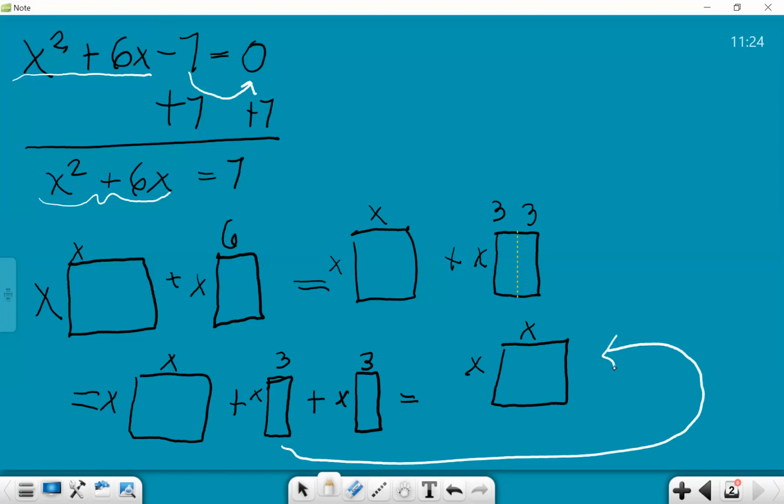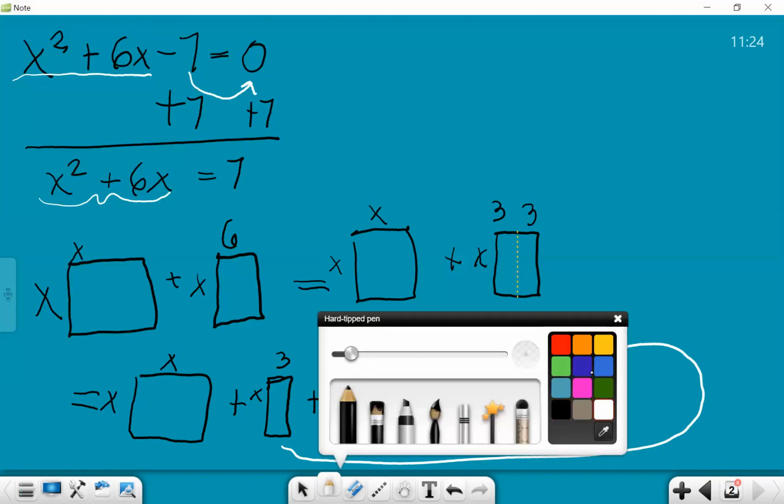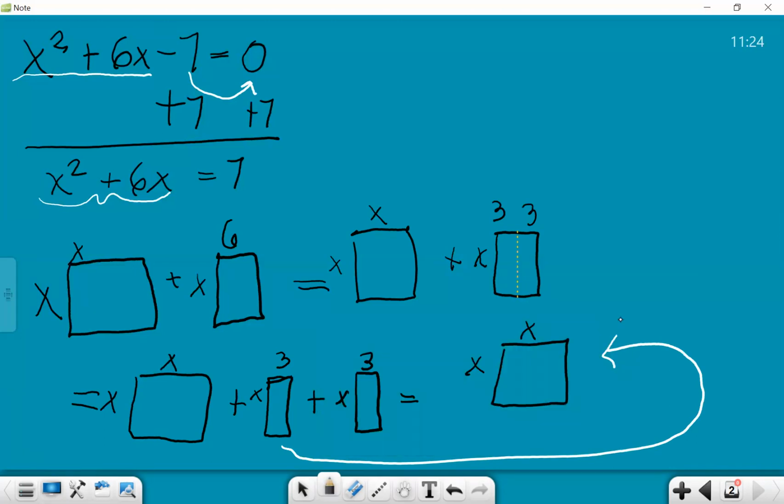Drag it right there. So here's my little rectangle. You can see this distance is still x, and this distance is 3, so this is 3 by x. Okay, so I've dragged that rectangle.